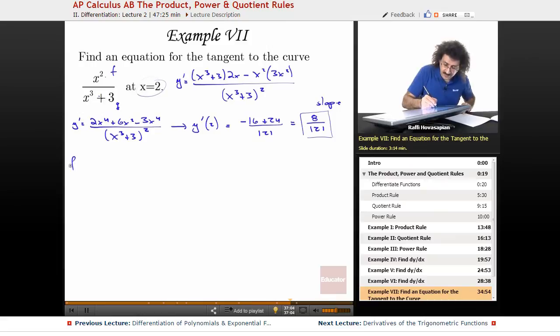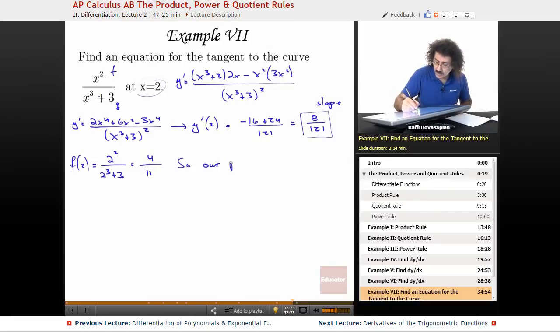Now let's find f of 2. We need to find the y value. So the f of 2, that's just going to be 2 squared over 2 cubed plus 3, which is going to be 4 over 11. So our point is 2 and 4/11.